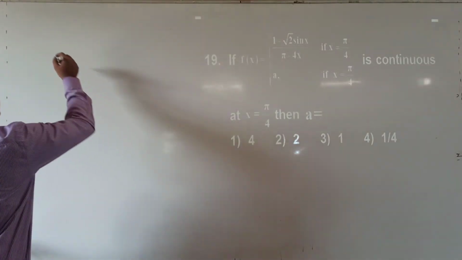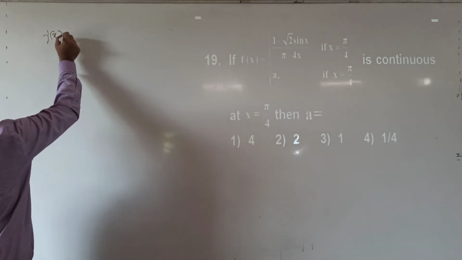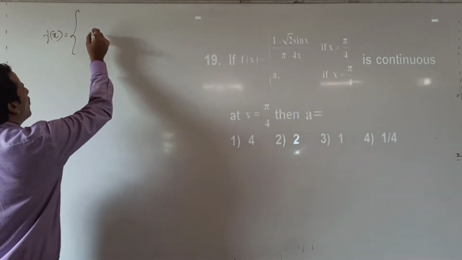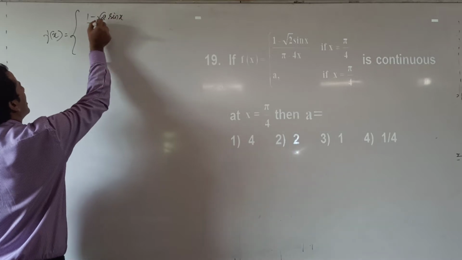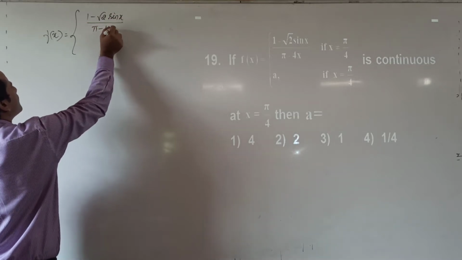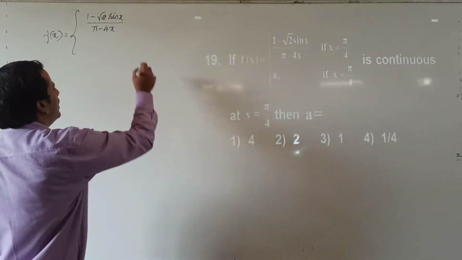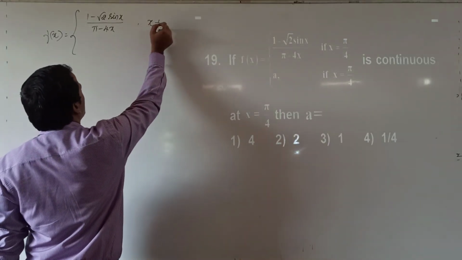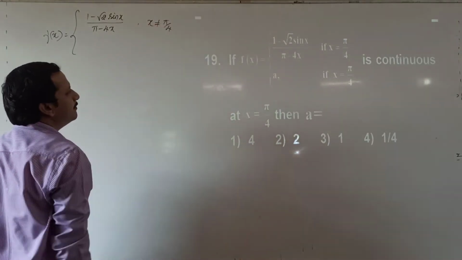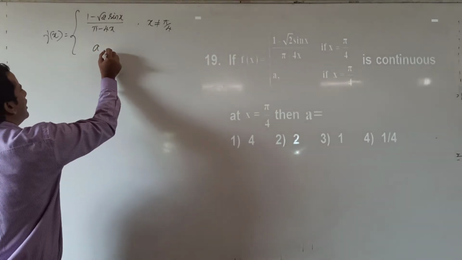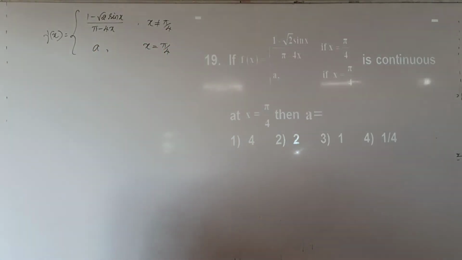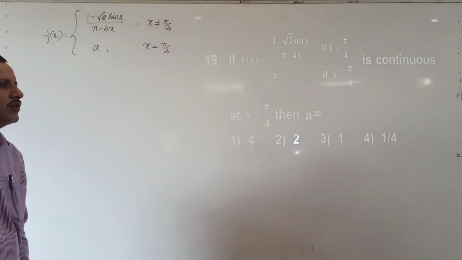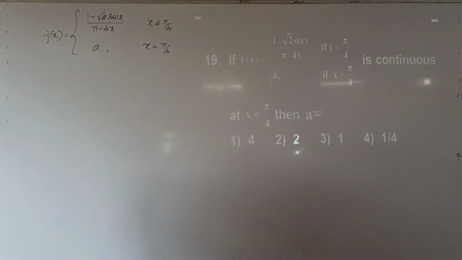See, the function is defined as f of x is equal to 1 minus root 2 sin x divided by pi minus 4x, if x not equal to pi by 4 and a if x is equal to pi by 4. This function is continuous at x equal to pi by 4. Then what is the value of a?